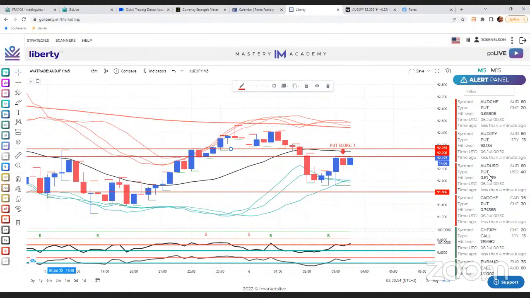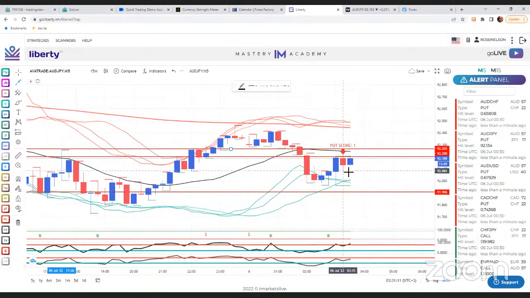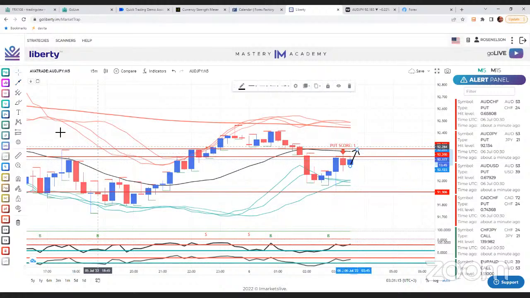So anywhere between 200 and 265, the higher the better. Remember, when you're selling, you want to go at the highest level to get in. So if this market decides to keep going up and stops right there, and then you can go in, hopefully it will go down from that angle.